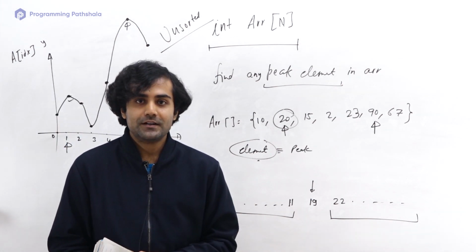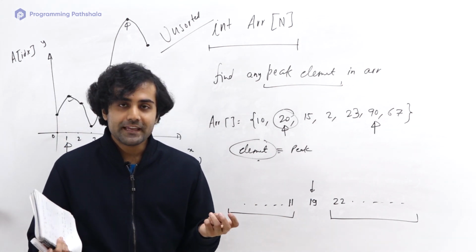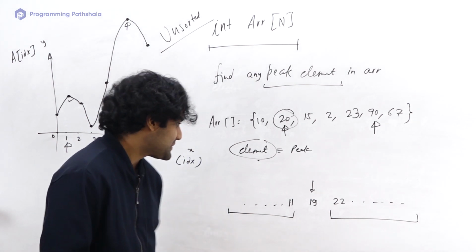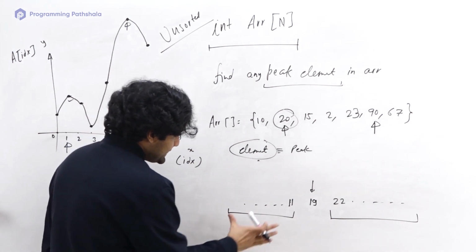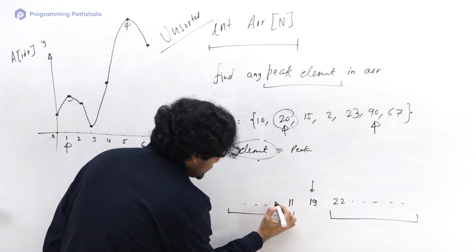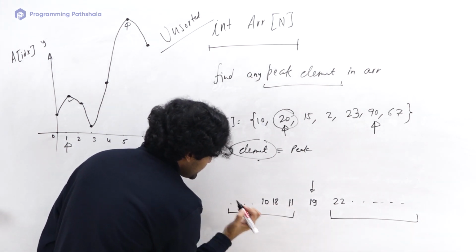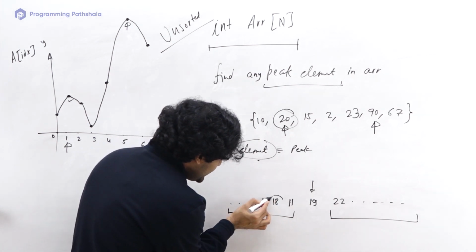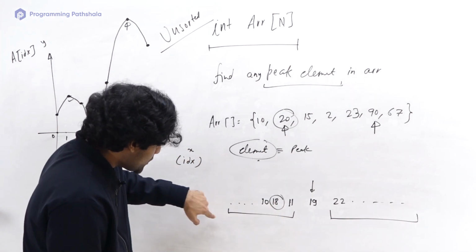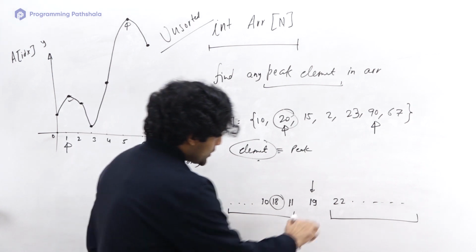Okay guys, so let us think a lot of things over here. It might so happen that in this part you had an 18 over here and then a 10 over here. So there could be a peak in this part also, right? And let's talk about this part.